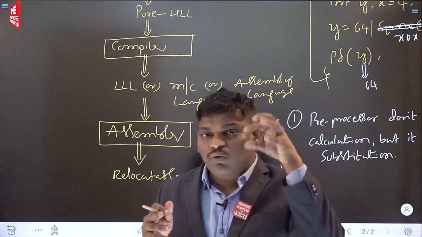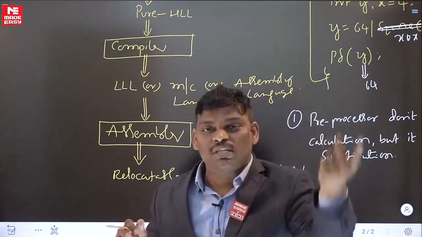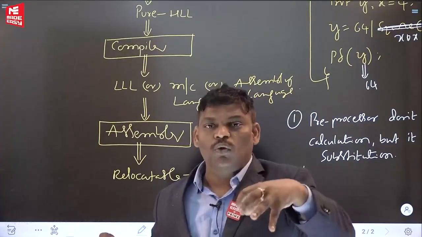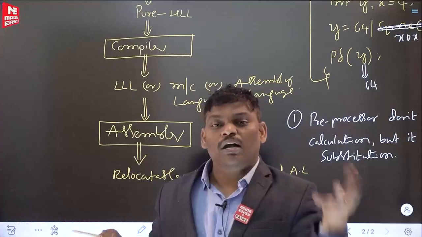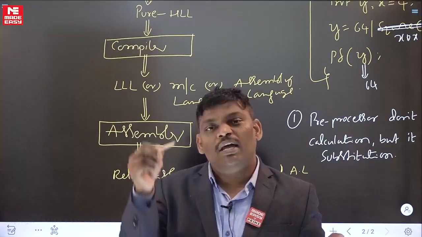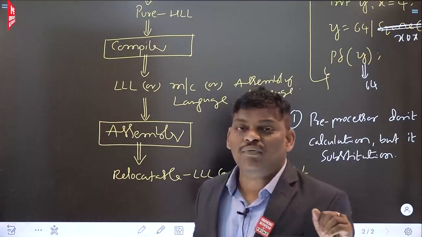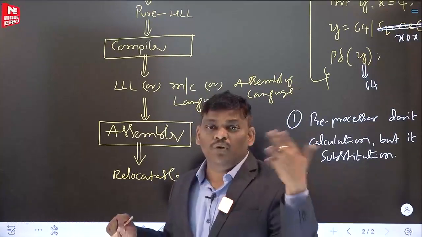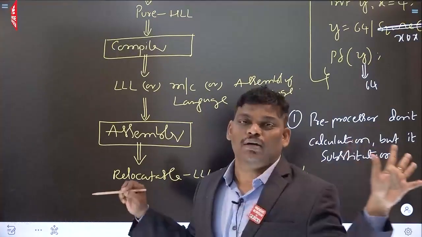When the code is run by the processor, it compulsorily has to come to main memory. That means you have to move the code from hard disk to main memory or cache memory. If you want to move it, the assembler has to act first. If it's not done, you cannot relocate the code from one memory to another. If you do that, there may be damage to the data.